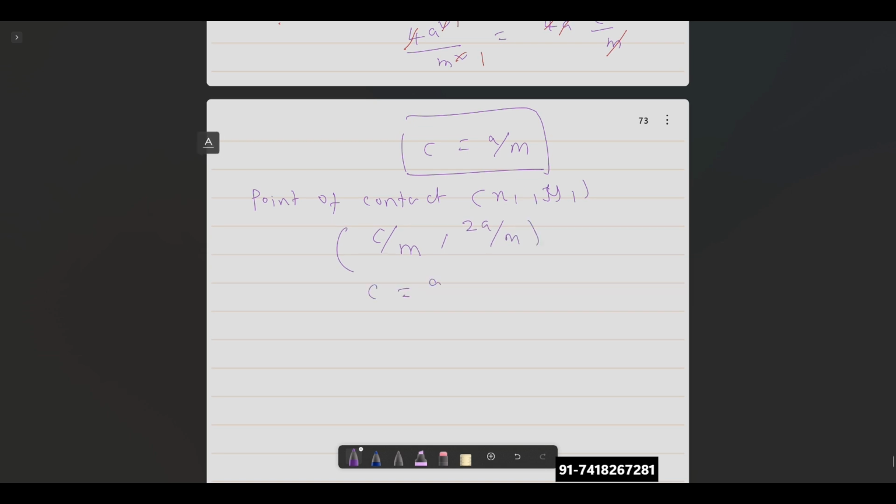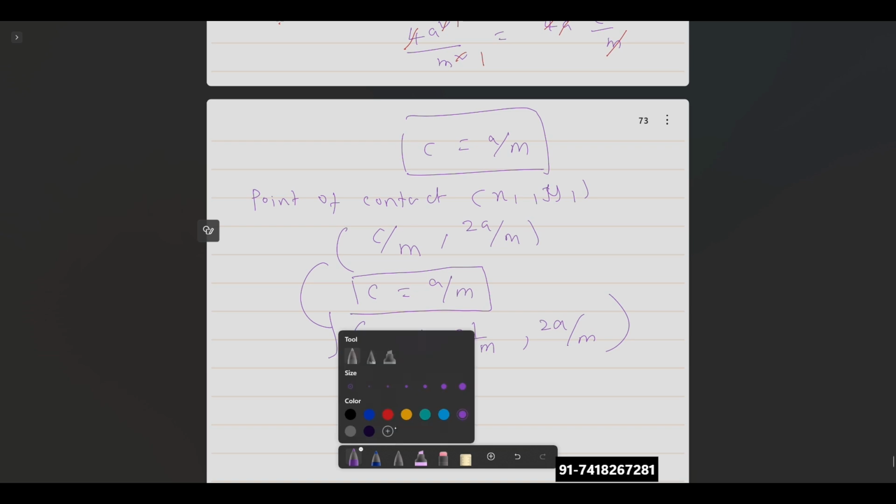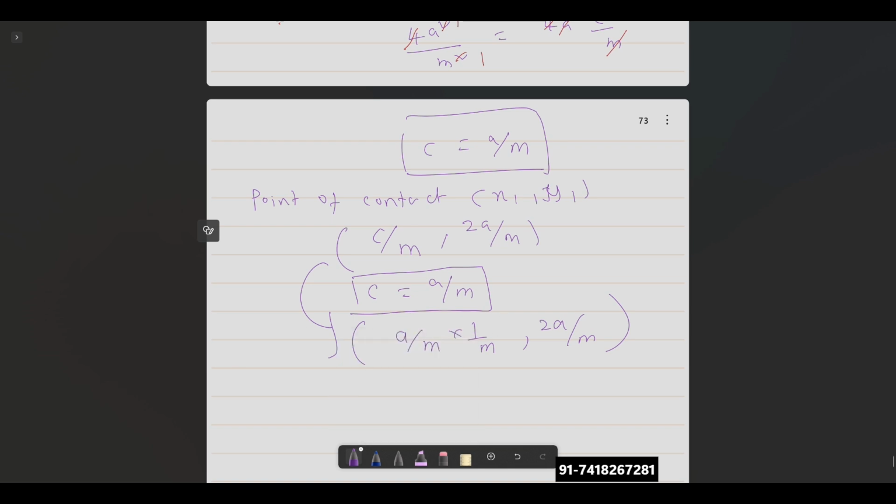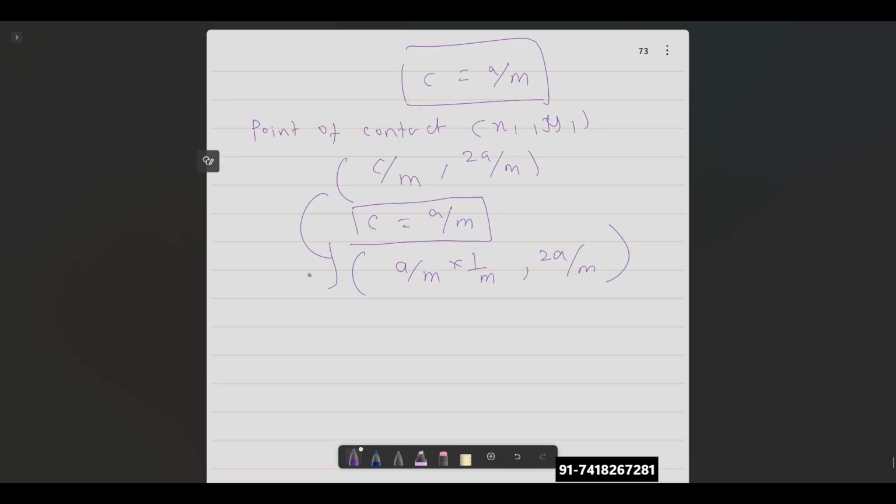Since c = a/m, this becomes (a/m)·(1/m), and 2a/m. Then your point will be (a/m², 2a/m).